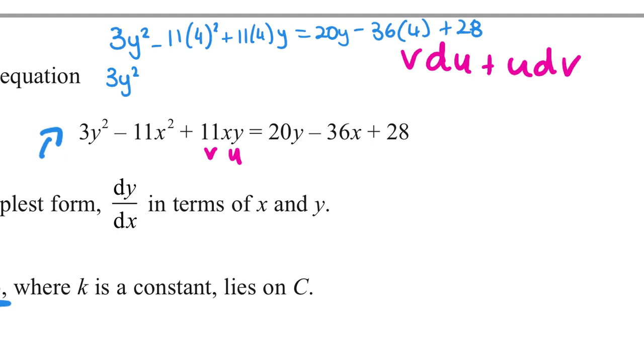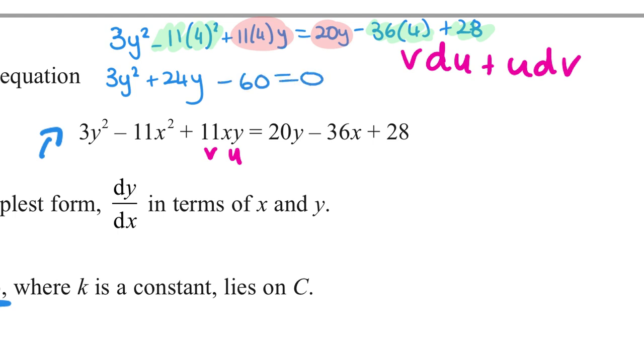Okay, we're going to have 44y minus 20y. So here, I'm just going to move everything onto this left-hand side, which is going to give me 24y. And then now, I'm going to have negative 171, oh my god, plus 144 minus 28. Okay, that's going to give me minus 60.